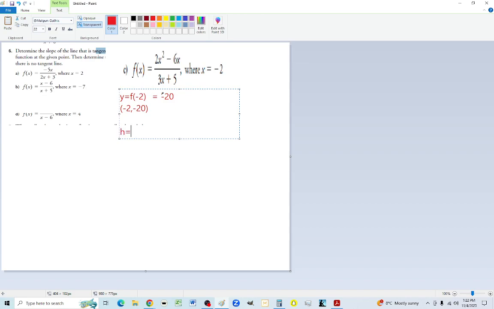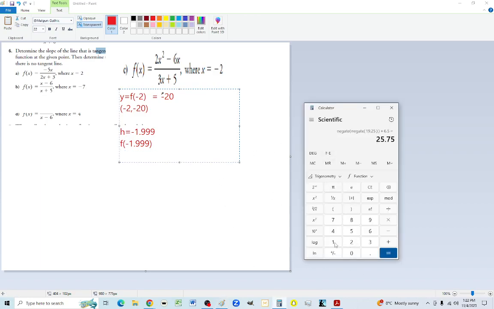We're going to add h. The point just to the right of that is minus 1.999, which means we have to find f of minus 1.999. And to do that, it's easier using a calculator or Desmos.